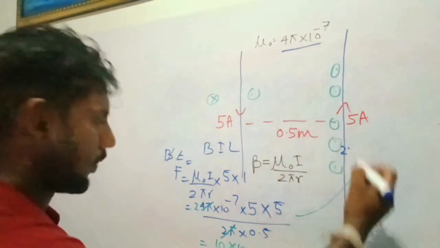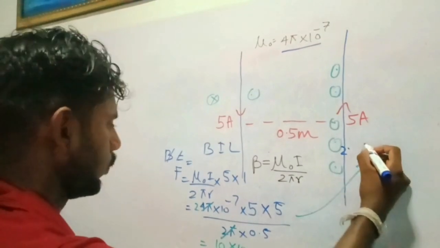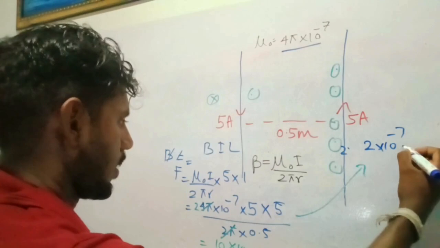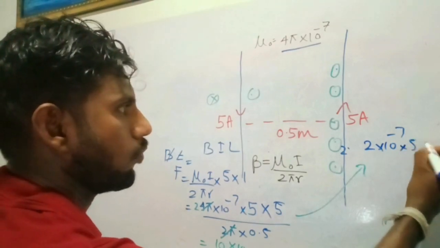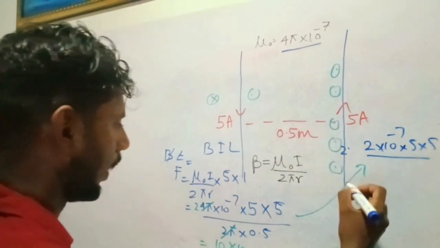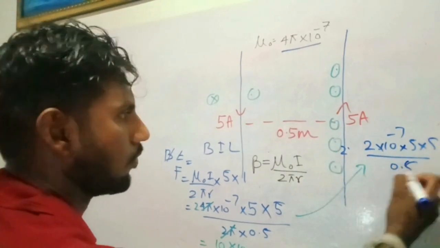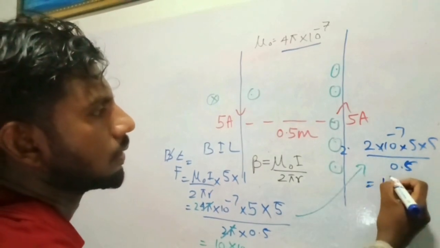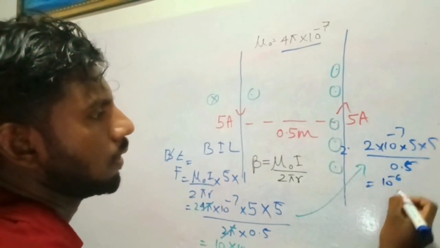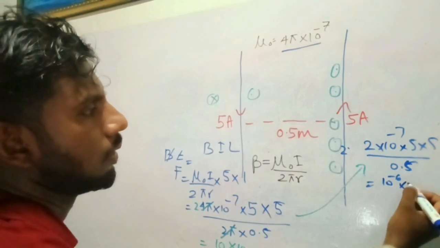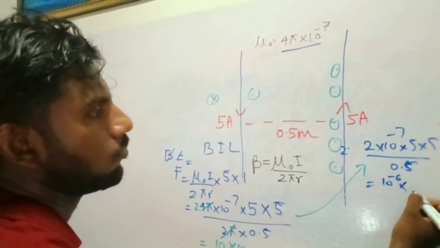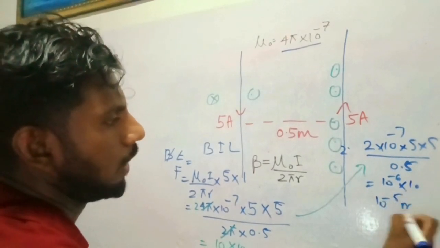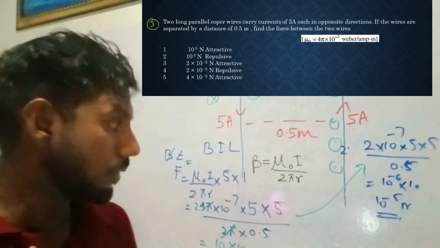So let's do the simplification again. 2 into 10 to the power minus 7, and into 5 into 5 divided by 0.5, right? 2 into 5, 10, 10 to the power minus 6, of course. And 5 divided by 0.5 is 10 again. It's 10 to the power minus 5 Newton. Right, we have the answer.